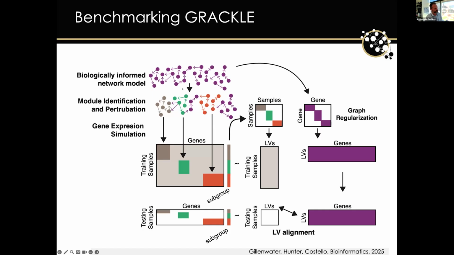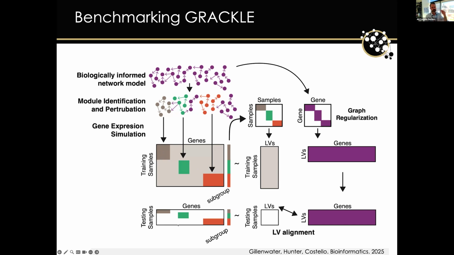So we took this regulatory network, we identified certain modules within the network, and then we did a simulation, and we essentially overexpressed or underexpressed or manipulated the expression of the genes within these different subgroups to create our training data set. So again, we have a gene expression profile, little subgroups are being manipulated, we know what group those belong to, and essentially we can train our model on this data and evaluate on a testing data set.